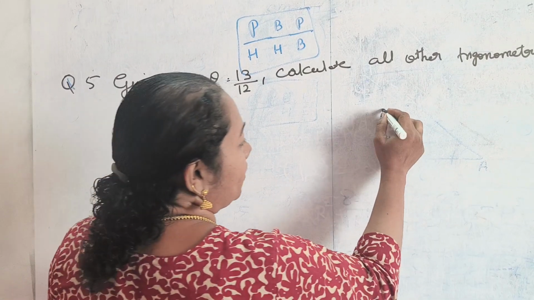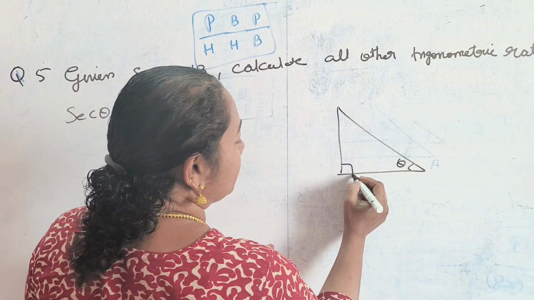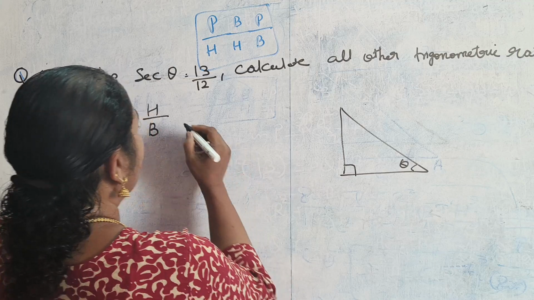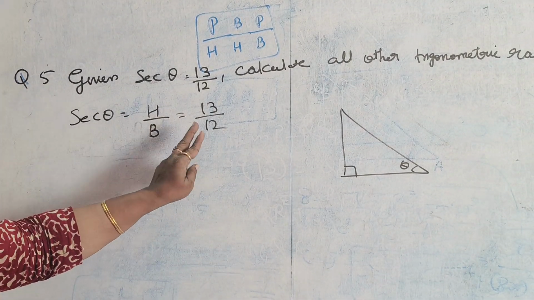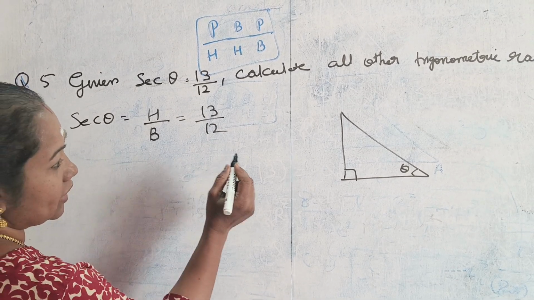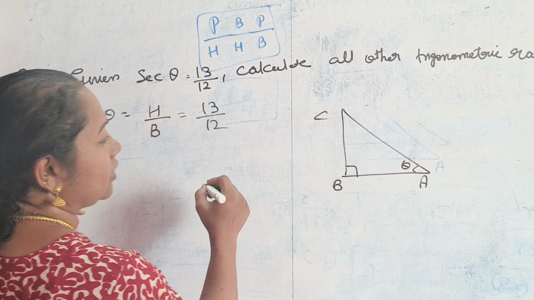Okay. So let us make the triangle and let it be theta. This is 90 degrees. Sec theta means hypotenuse upon base, and it is given as 13 upon 12. So if hypotenuse upon base is 13 by 12, let us name the triangle ABC.